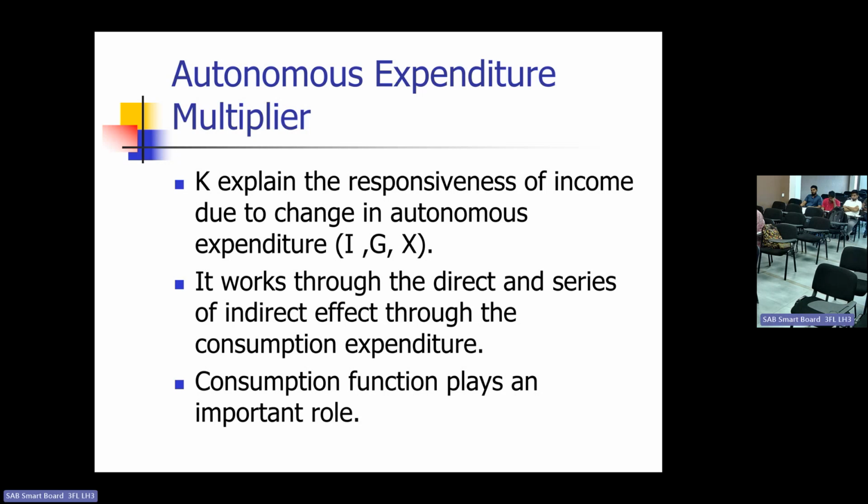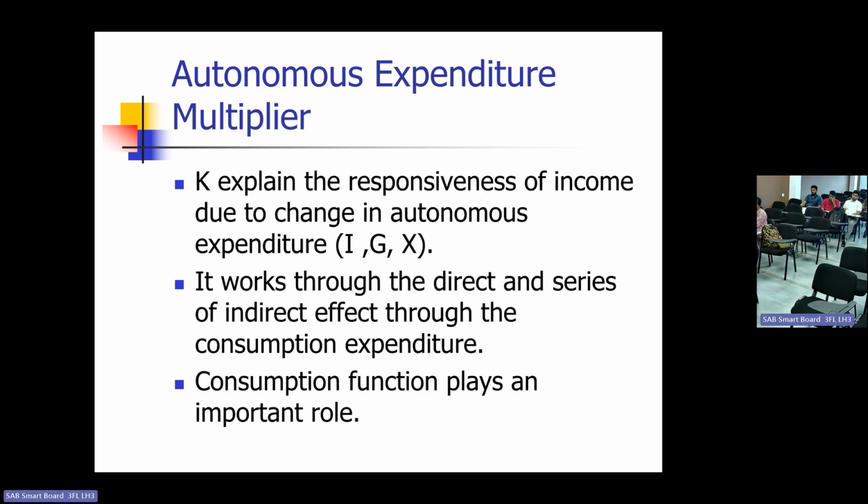Exports depend on the exchange rate, not income as a main determinant, so we assume they are exogenous. But imports mainly depend on income, the interest rate, and the exchange rate as well. There we assume imports mainly depend on income.